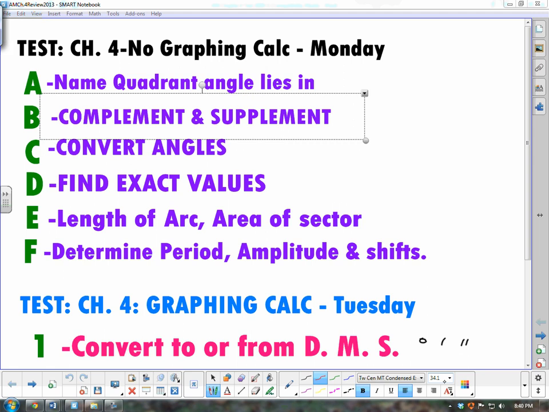Then finding the length of an arc, the area of a sector, and determining the period, amplitude, and shifts of a graph. That fine pink sheet that you have that you've been using to do all those things, you do not get to use it on the test. You need to know all of those things.